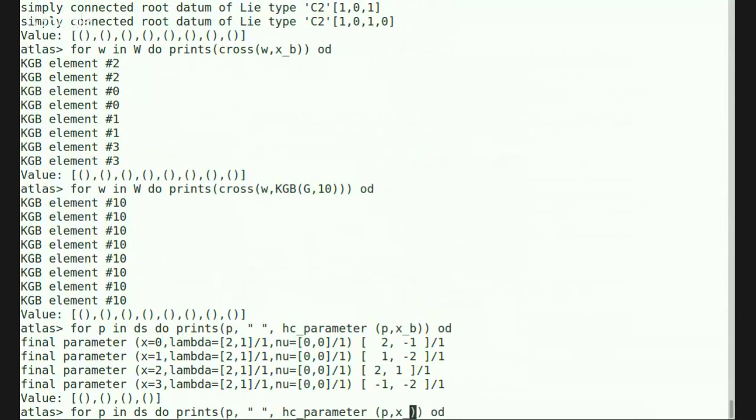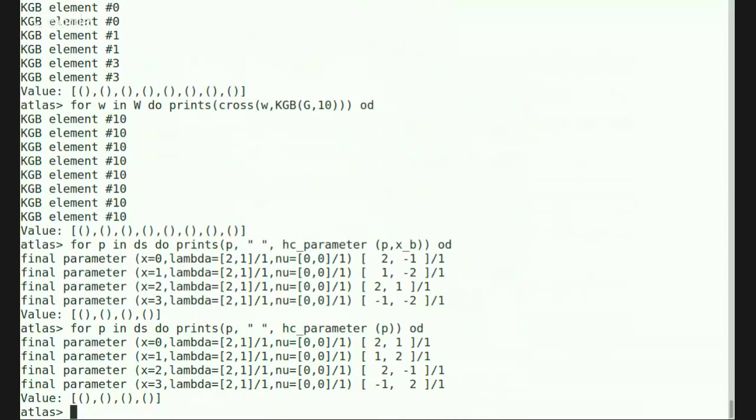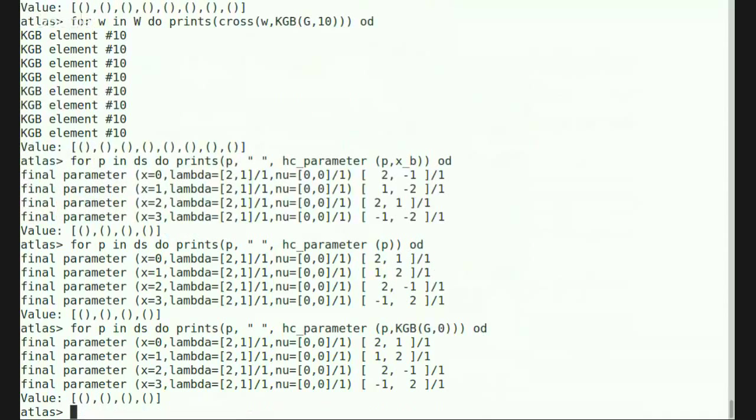If I hadn't given this argument to the Harish-Chandra parameter, I would get something rather confusing. What this is doing is, well, let me just put in explicitly KGB G0. Right. So if you had decided that you wanted to define your group where K was given by X0, then the four Harish-Chandra parameters would be these.